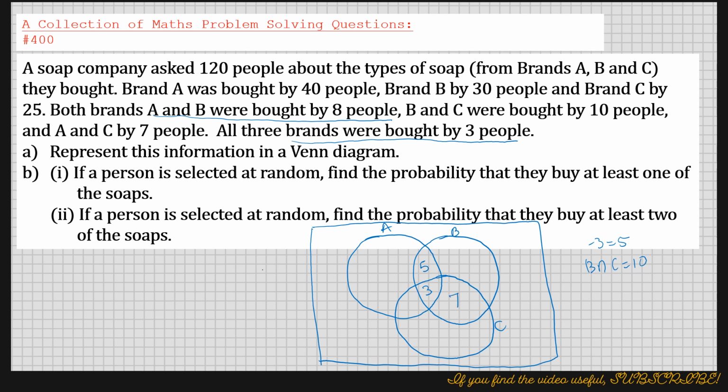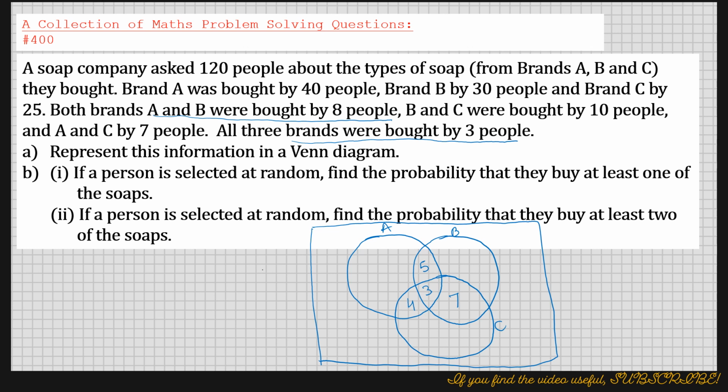Then A intersection C is 7 people, so 7 minus 3 would be 4. So that's the common parts of the 3 sets.